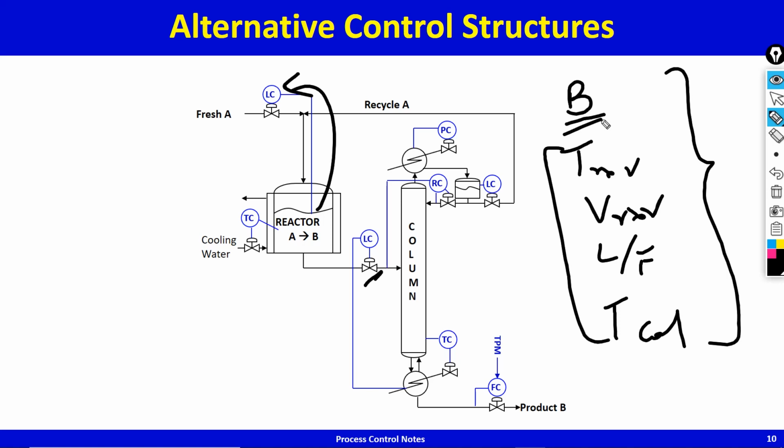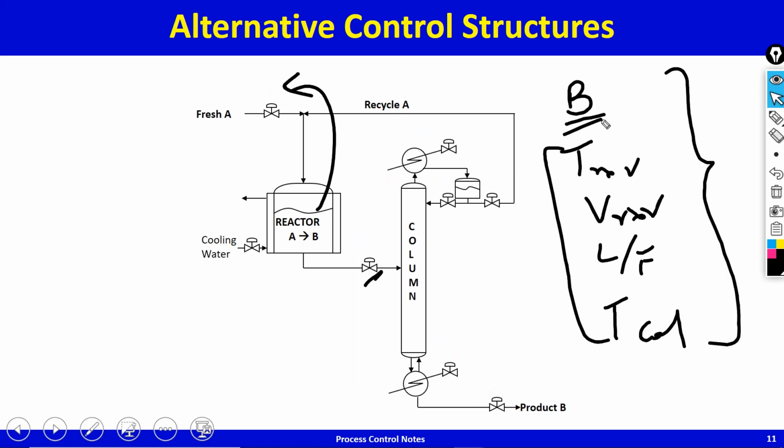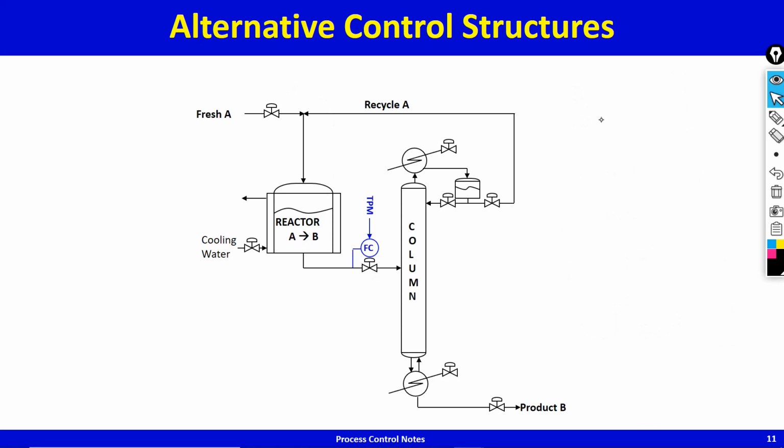You can keep going. Now we have production being set at the feed to the column, and so the level control upstream of the reactor is in the reverse direction of process flow.